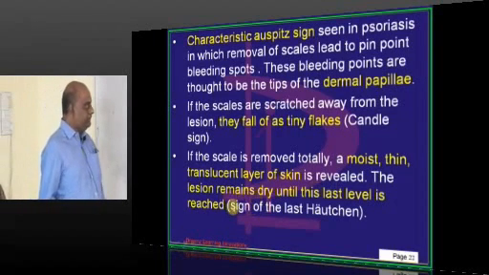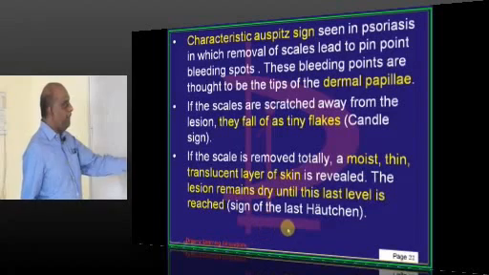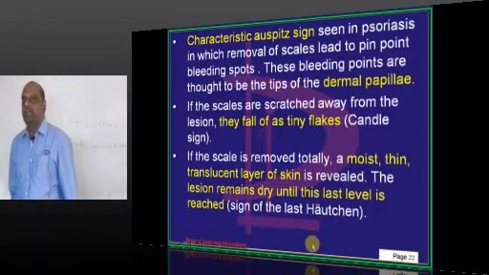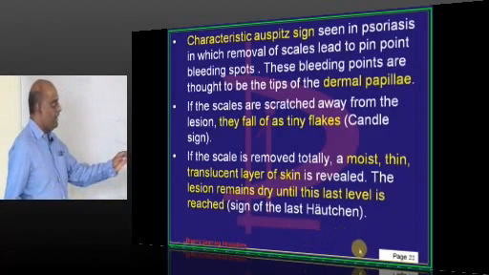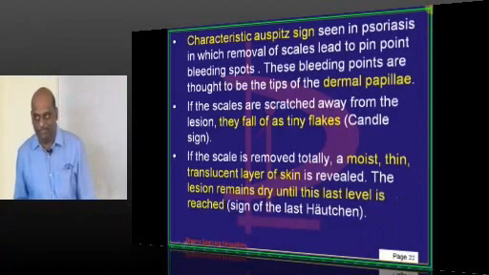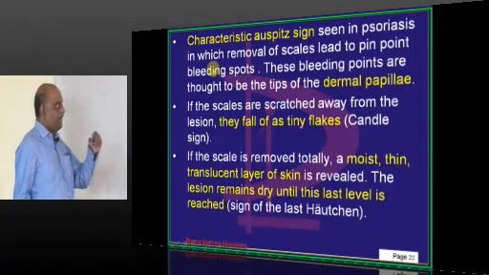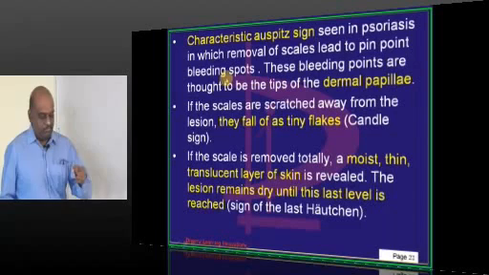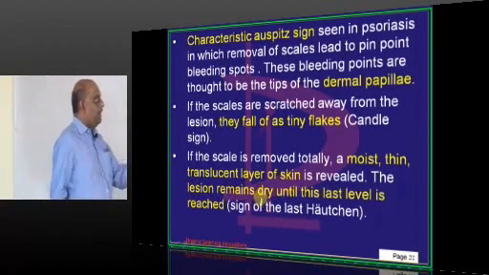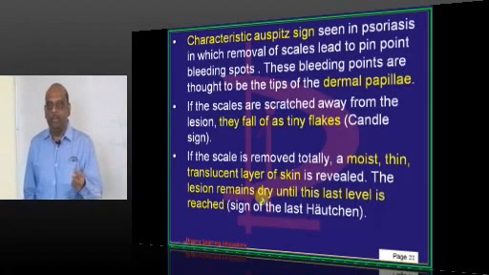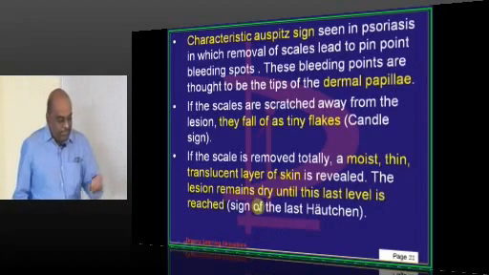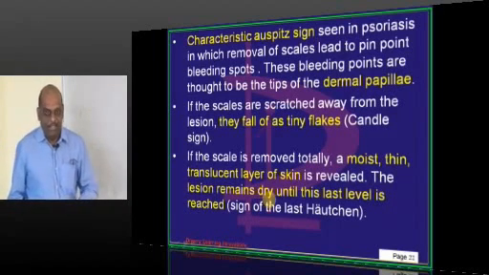Then there is an important sign in psoriasis called the sign of Last Hodgkin. What is the meaning of sign of Last Hodgkin? Whenever you are removing the scales of psoriasis, layer after layer you will be removing them until the last level of that layer is reached.